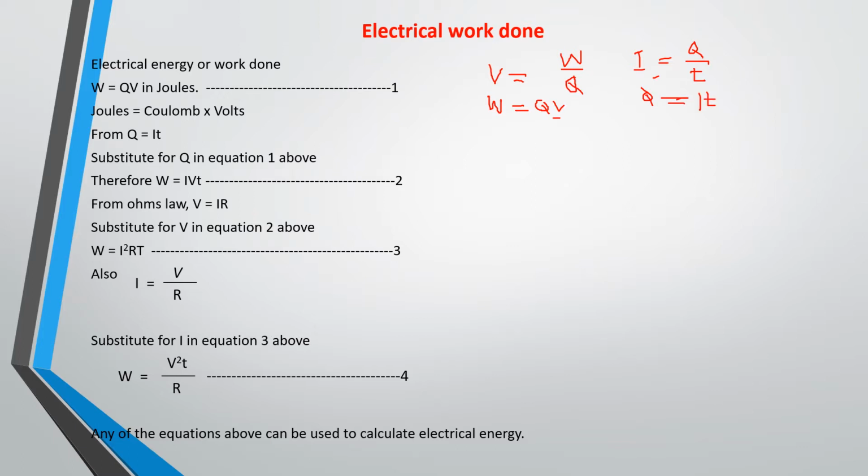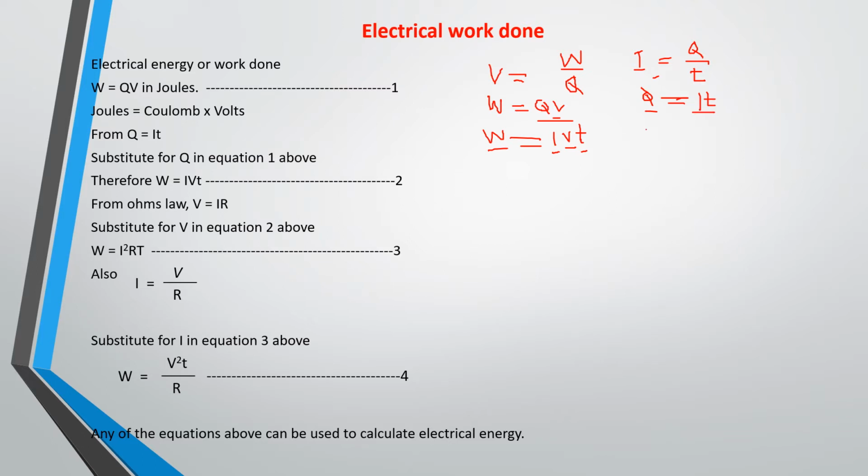If you substitute this quantity of charge into this equation, you have that work done is equal to IVT. So this is the first equation. Depending on the variables you are given, if you have the current, the voltage, and the time, you can find the work done.